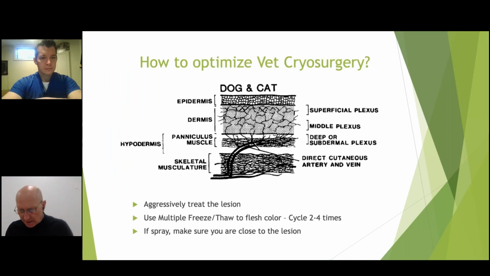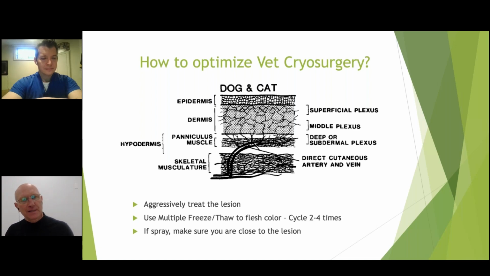So, how to optimize vet cryosurgery. This is just boiling down a lot of slides that we sometimes present during a RACE credit course that is taught by Tim and I. But the basics boil down to a couple of simple things. One, you've got to be really aggressive when you use cryosurgery to treat a lesion.